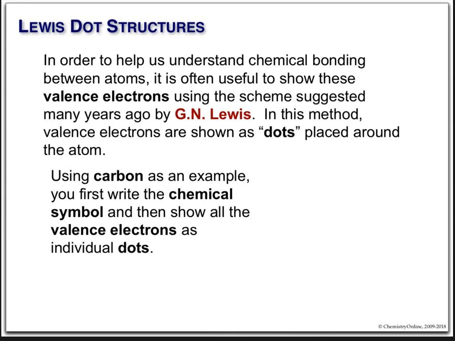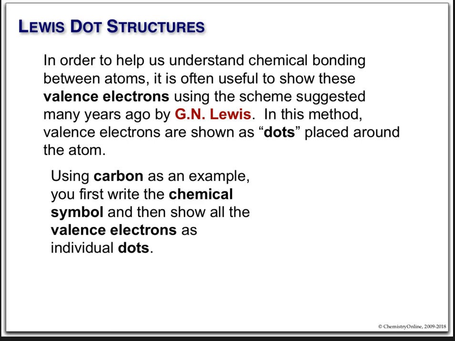It's a fairly simple concept, just with one or two rules. You start off just with the symbol of the element, from the periodic table, and then you place the valence electrons around it. We will use those valence electrons combined with others to make bonds.